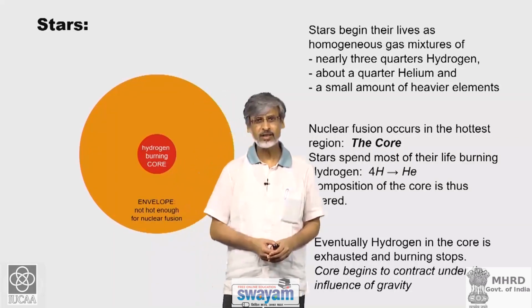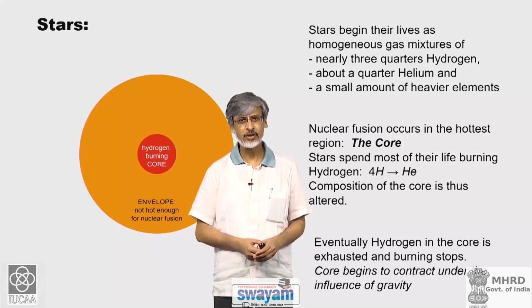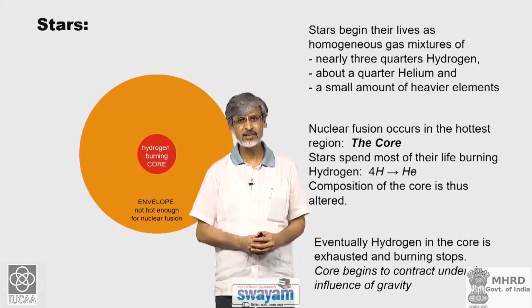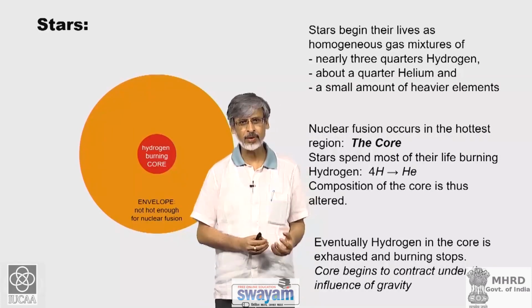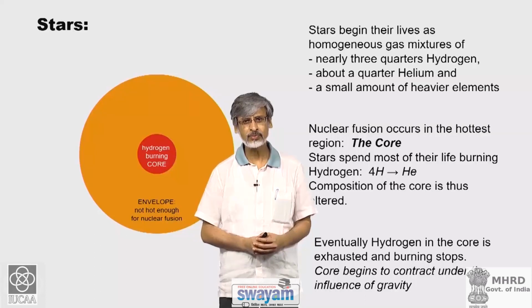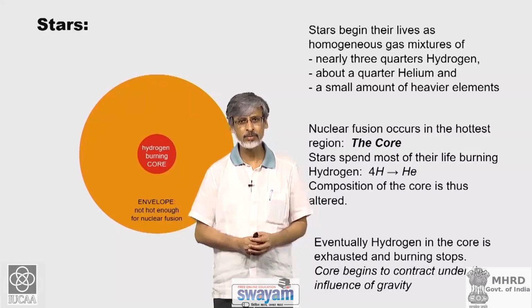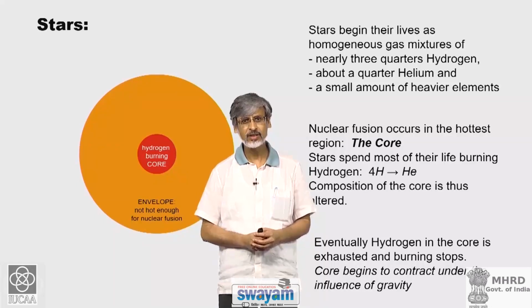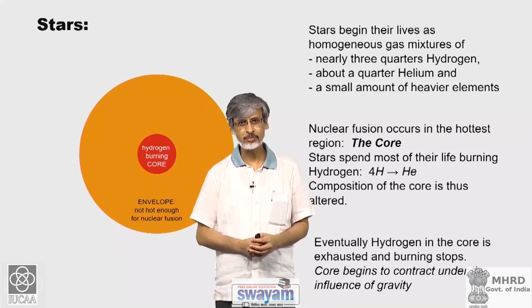Now, remember, the star was stable because the energy being lost from the surface in the form of radiation was being balanced by the energy that is being supplied from the core in the form of nuclear burning. Now, with the nuclear burning gone, the central source of energy dries up.